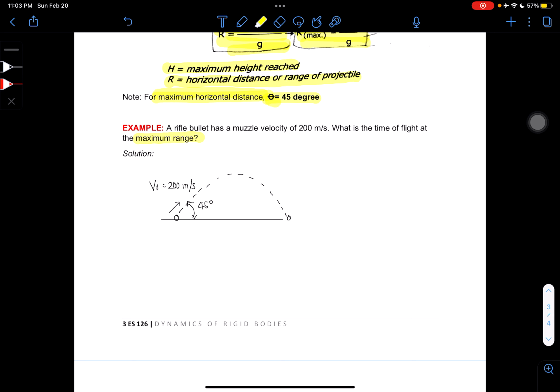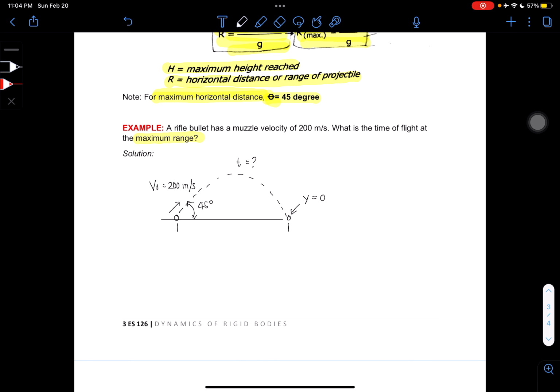So therefore, our angle will be 45 degrees. So constant na siya. And atong y is 0. So atong unknown will be the time nga gi-travel sa atuang bullet sa atuang maximum range.